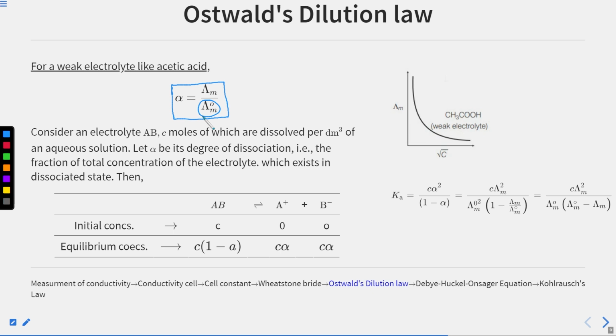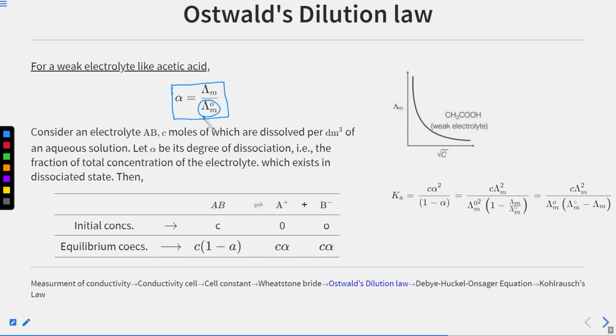Lambda naught m is the molar conductivity at infinite dilution, the case where the molar conductivity is maximum. And lambda m is the molar conductance which we are eager to find out. So first of all, alpha is equal to lambda m by lambda naught m, where lambda m is the molar conductivity and lambda naught m is the molar conductivity at infinite dilution.